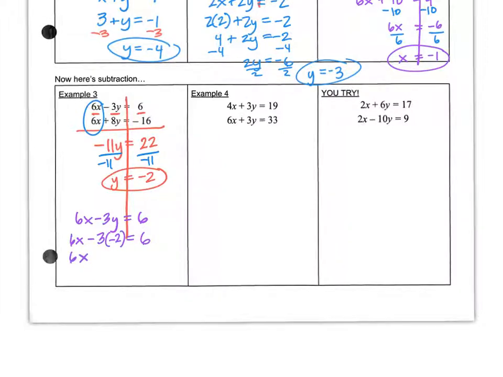Negative 3 times negative 2 is a positive 6. Then I can subtract that on both sides to get 6x equals 0. And finally, dividing by 6 on both sides leaves me with x equals 0.